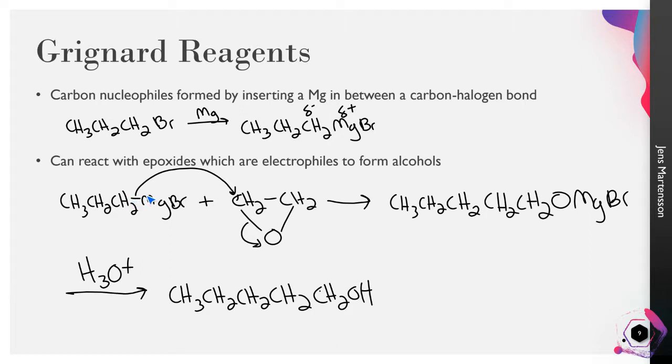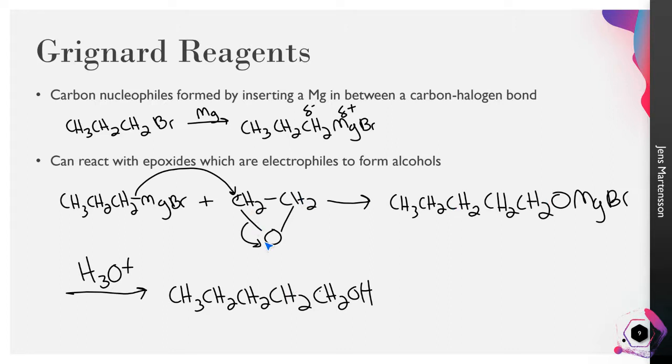This carbon-magnesium bond is where your electrons will come from. So they'll go from that to one of the carbons in the epoxide ring, and then that carbon-oxygen bond will let go. So these two carbons will add to this carbon here.